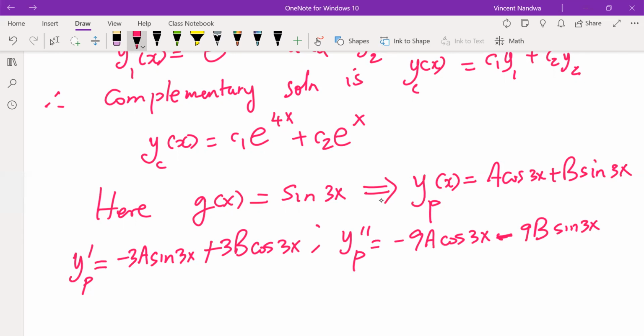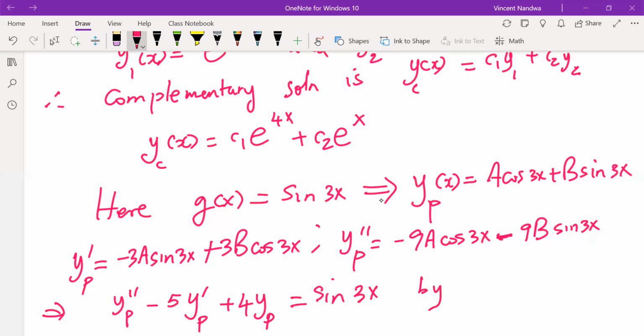So the equation will be y double prime p minus 5 y prime p plus 4 yp equals sine 3x. This is by definition, when you replace yp into the given differential equation.